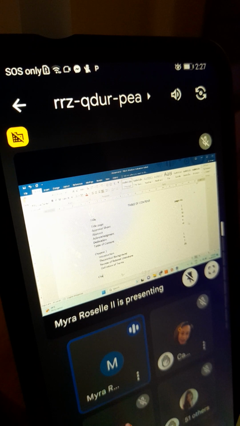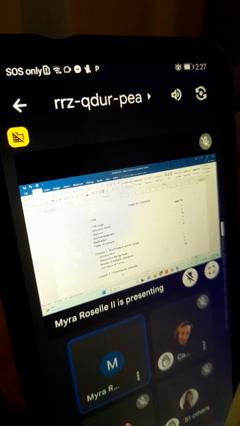Next, one space, chapter 2. Okay, I forgot. Chapter 1 is the problem and its scope. That's the title for chapter 1. The problem and its scope. Chapter 2, you have here presentation, analysis, and interpretation of data.